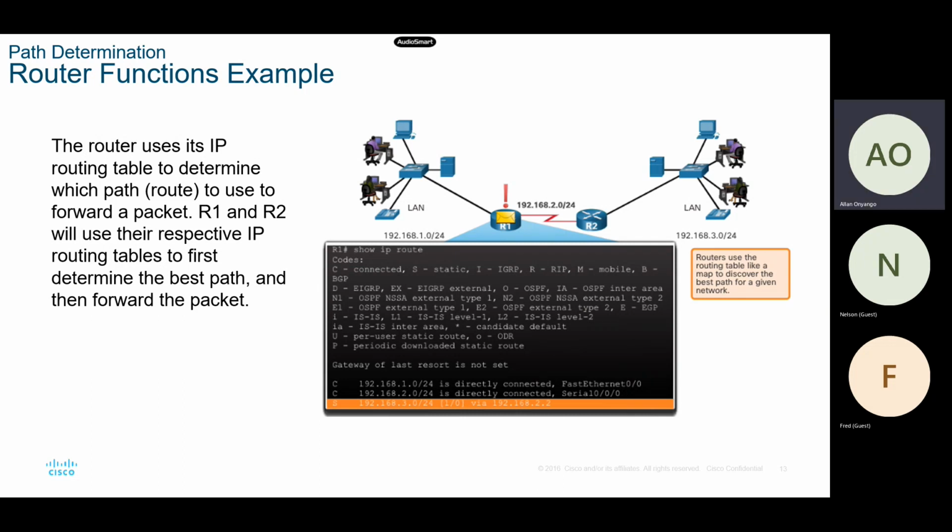And these different networks could be a network that is directly attached to that router, or it could be a remote network, which means the router needs to go through another network to reach that network. That is called a remote network, and we are going to learn so much of it today.